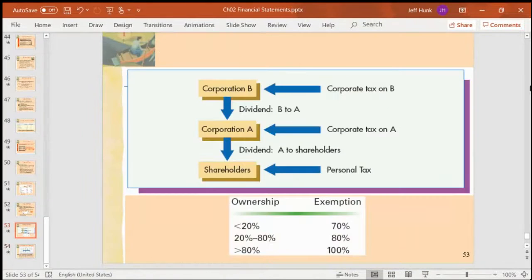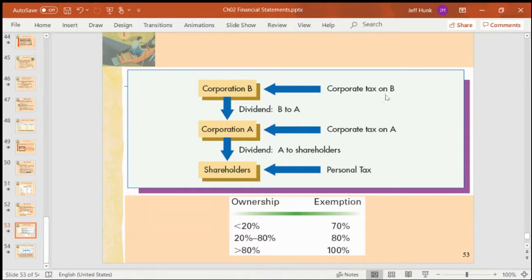And double taxation is always brought up, but what does that mean? If corporation A has shares in corporation B, and corporation B pays dividend to A, right?